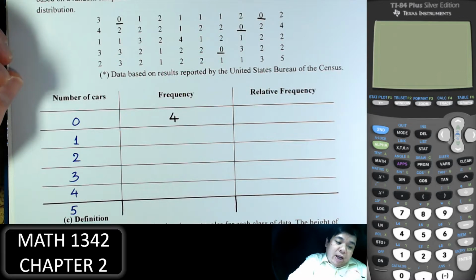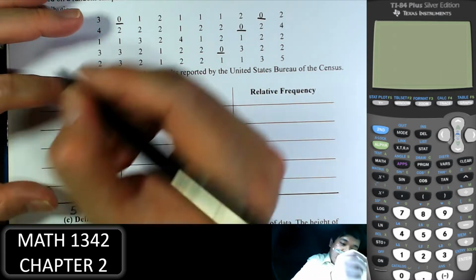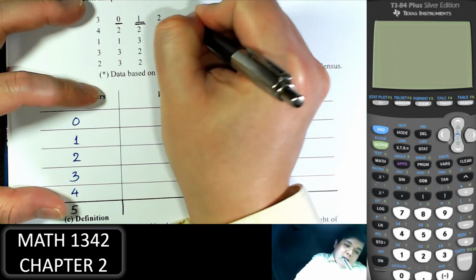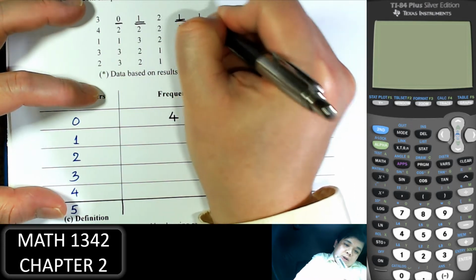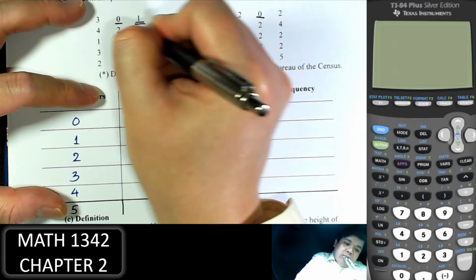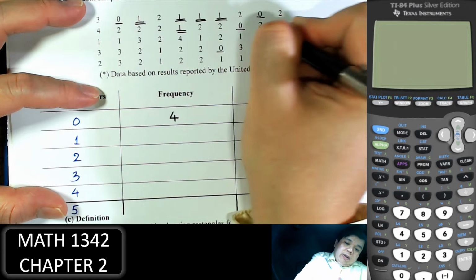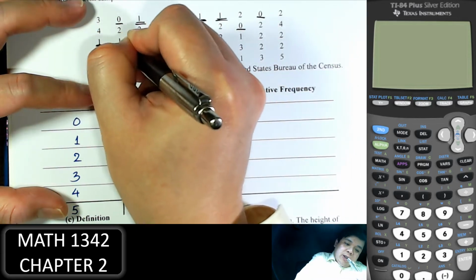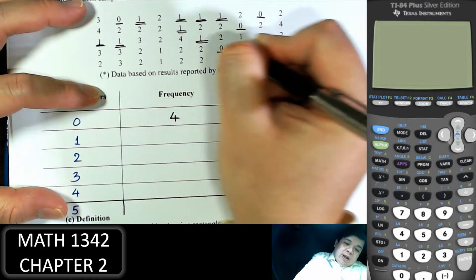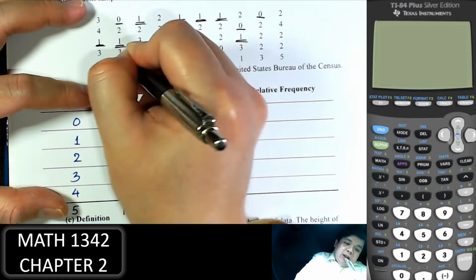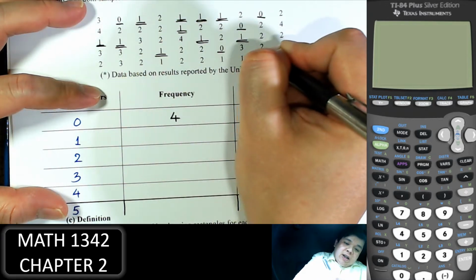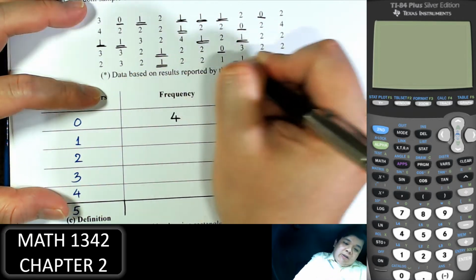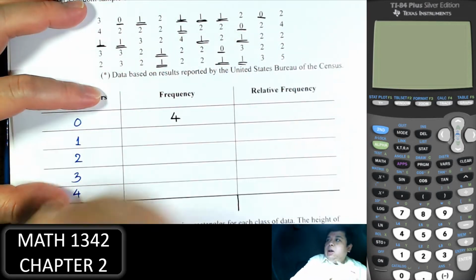Next, how many ones? 1, 2, 3, 4, 5, 6, 7, 8, 9, 10, 11, 12, and 13.